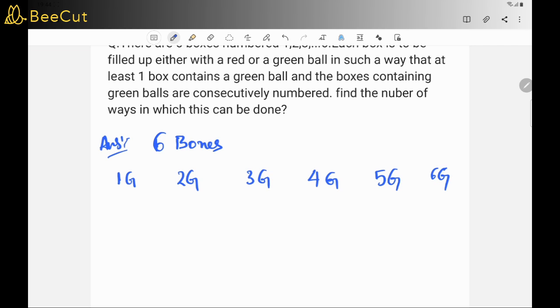Now, and the boxes containing the green are consecutively numbered. So let us start by assuming that there is only one green and the remaining 5 are red. One green can be placed in 6 boxes in 6 ways.